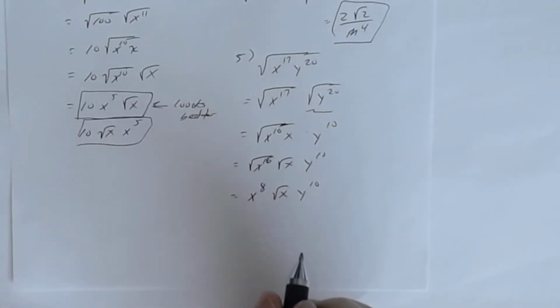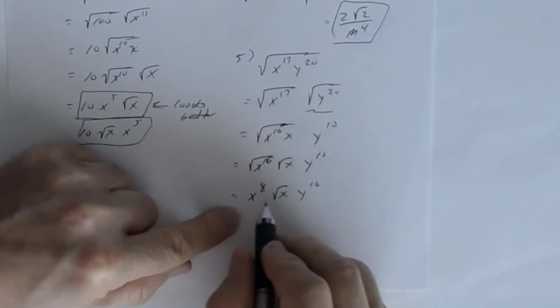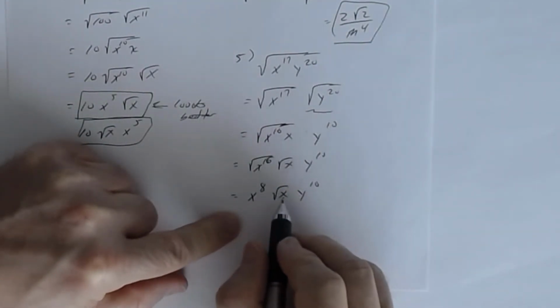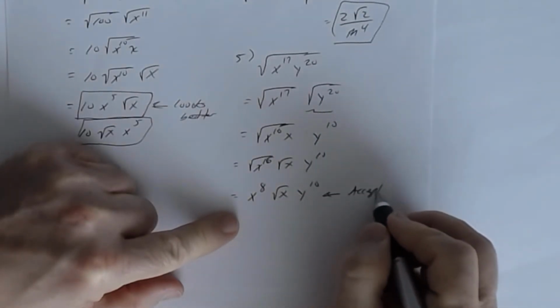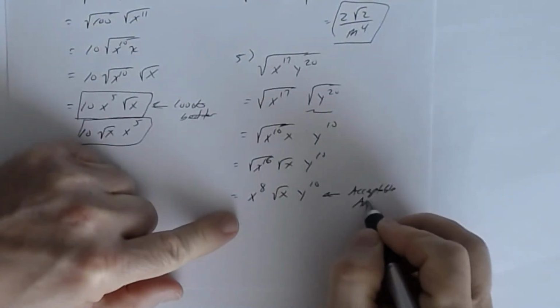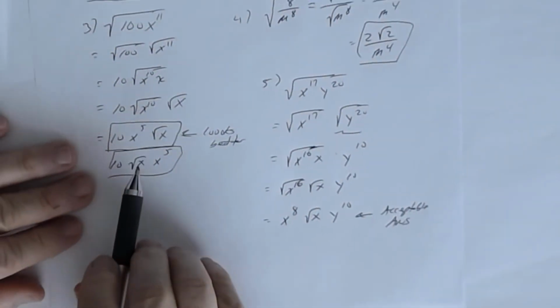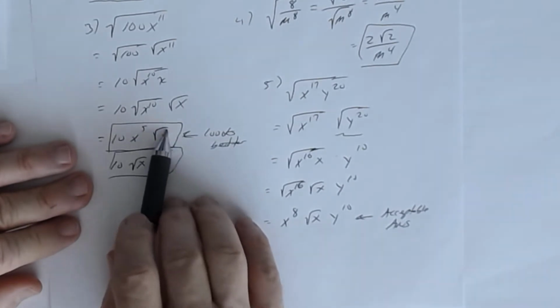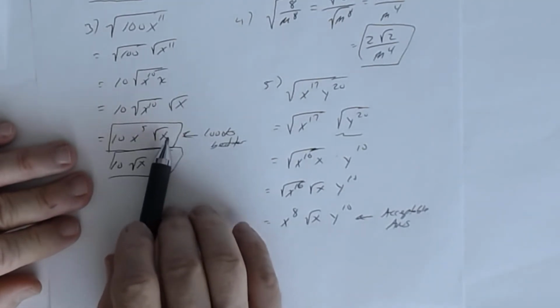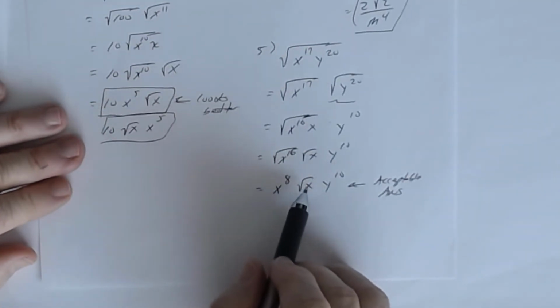All right, now let me remind you how we tend to write this. We don't write it like this, although that's an acceptable answer. Remember our discussion? Whenever there are multiple variables involved, we tend to put the radical expression on the end. Same thing here. You see that? So we're going to put this on the end.